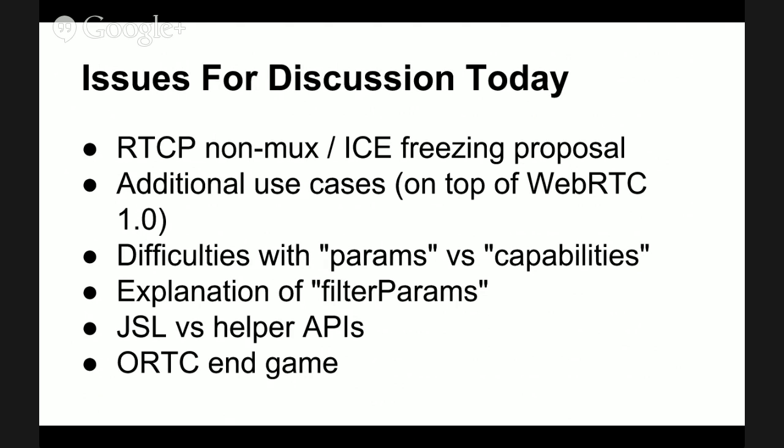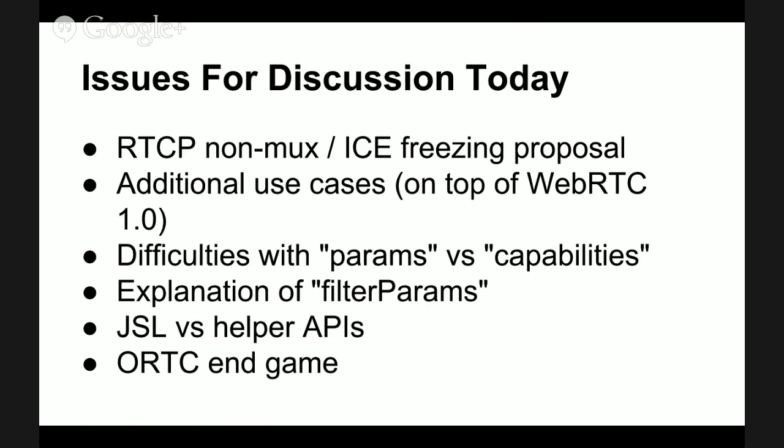So, issues for today. Review the RTCP non-mux and ICE freezing proposal that came from Peter. Discuss the additional use cases on top of WebRTC 1.0. Some of the issues we're having around params versus capabilities. An explanation of what filter params is, and a little bit of beating up on it, not meaning anybody needs to actually defend it, but to explain why we might want to treat this as a JSL versus built-in APIs and decide what we want to do.